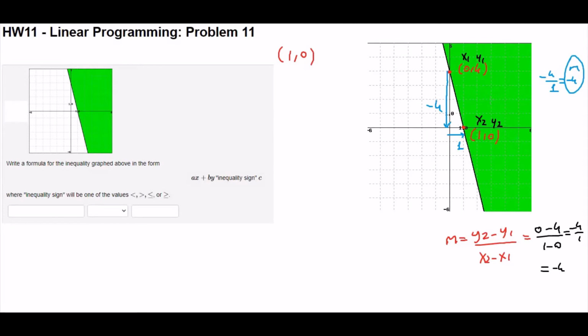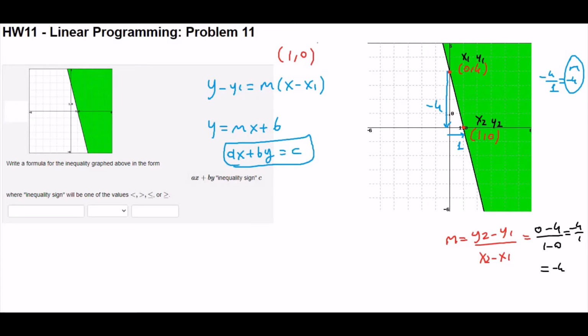We can plug in the slope and one of the points into point slope form, which is y minus y1 equals m times x minus x1. Or you could also use y equals mx plus b, which is the slope-intercept form. But we're going to use standard form, which is ax plus by equals some constant c.